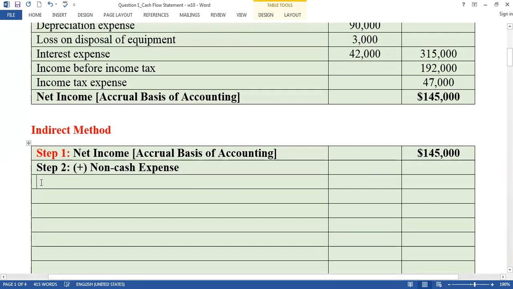Then I'm going to show you the next. I will give you example first. Step 3.